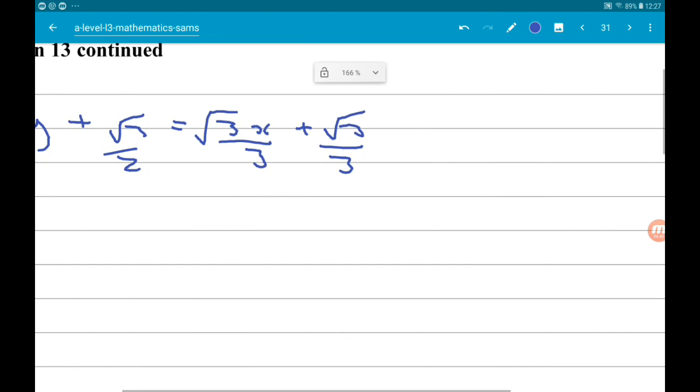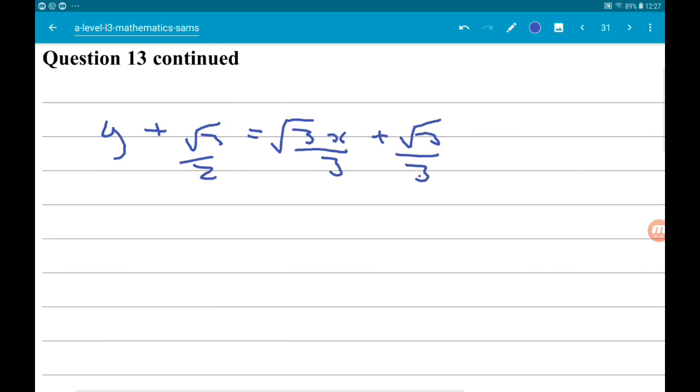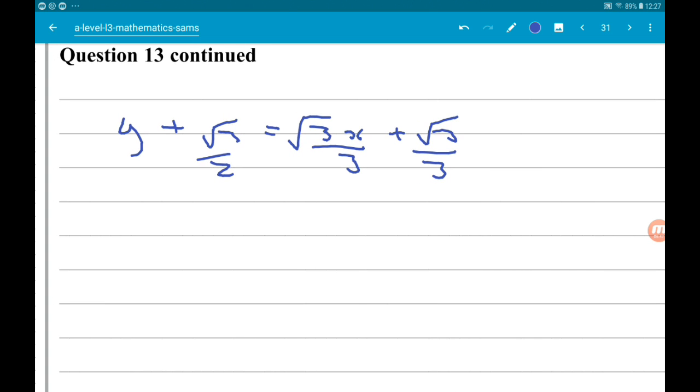So if we multiply through by 3, we're going to get 3y add 3 root 3 over 2 is equal to root 3x add root 3.